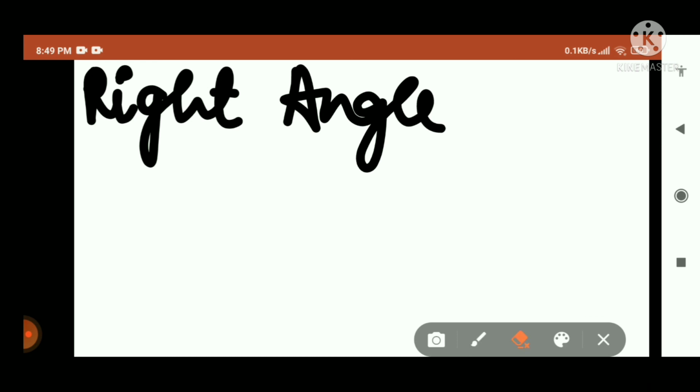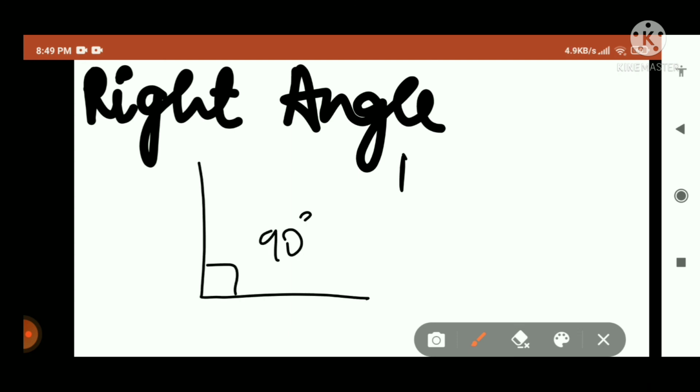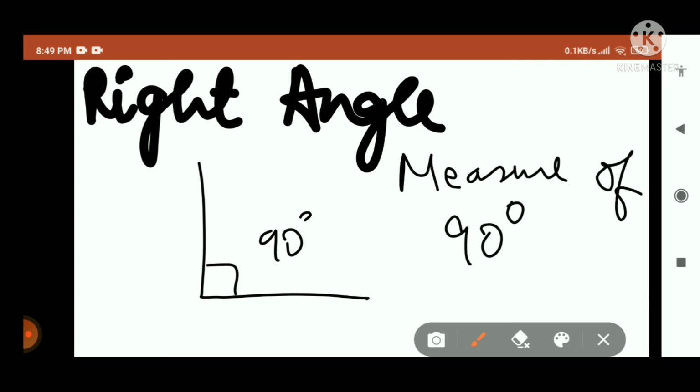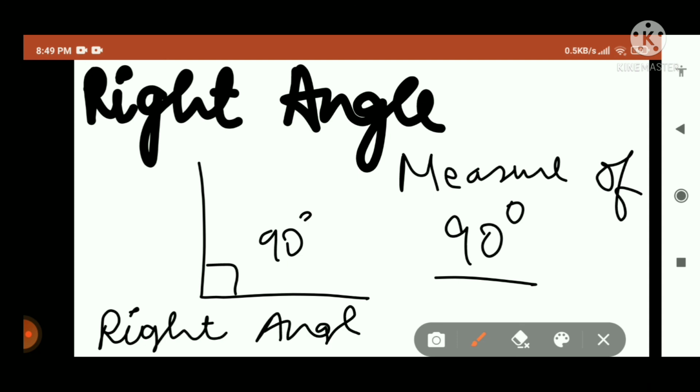So what is a right angle? A right angle is the angle which is having a measure of 90 degree. That angle is known as a right angle. And in this you have already read about the hypotenuse, and most of the things you have read about the right angle.